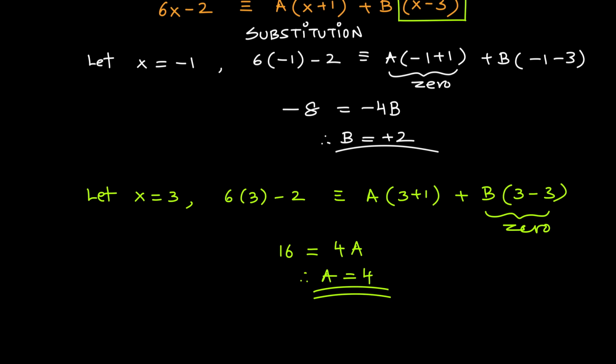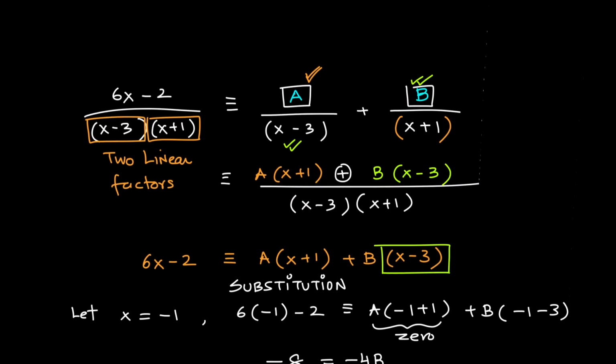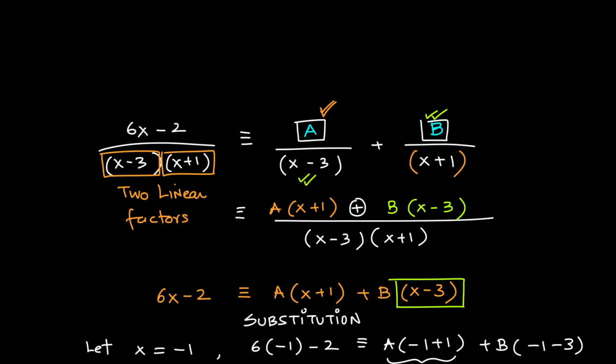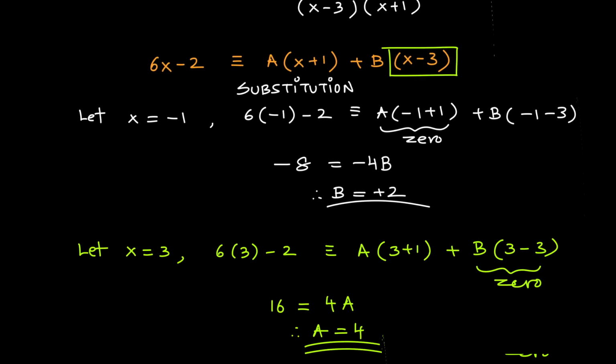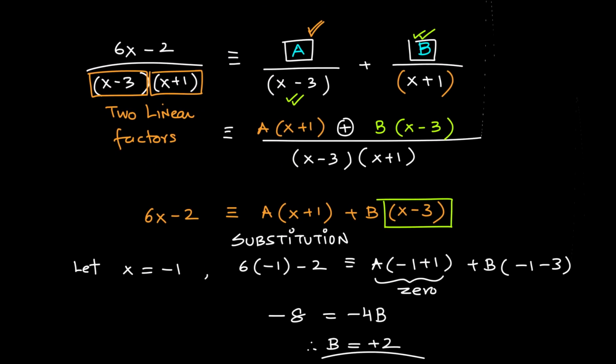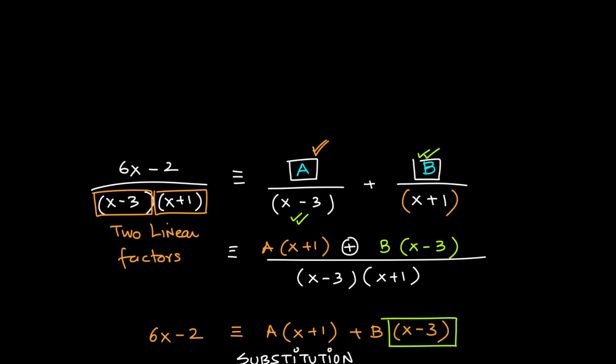Now let's stop and pause for a second. What are we actually after? We are actually after solving a fraction into its original fractions, which are called partial fractions. So A is the numerator of x - 3, and the value of A came out to be 4.